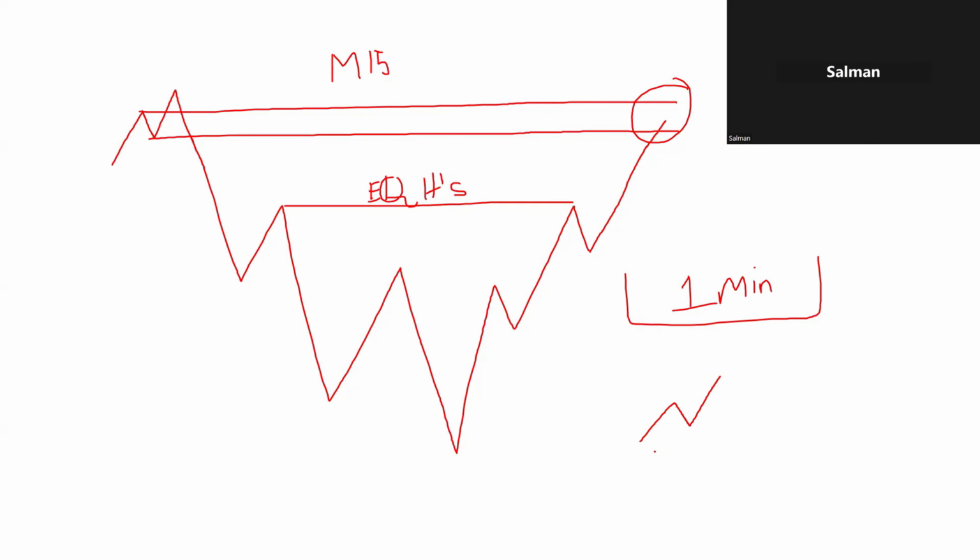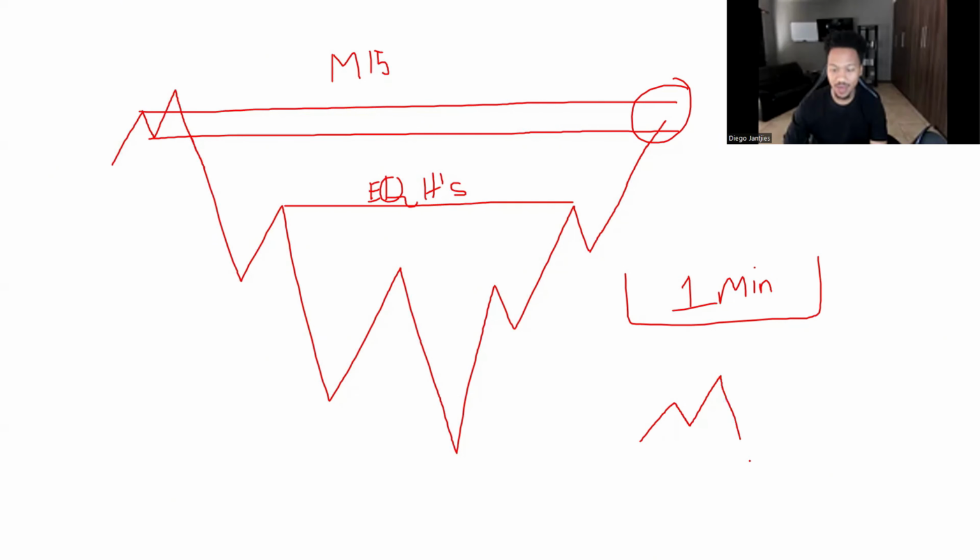Market structure break at 1 minute. That's it, right? You just want to see price go hand in hand with your bias, in wanting to see price have some sort of a shift back towards the downside based off the confluences you have found yourself building up, right?